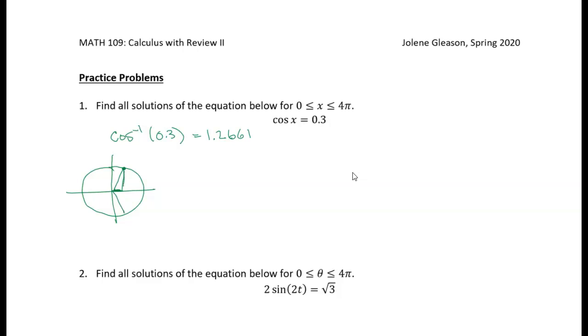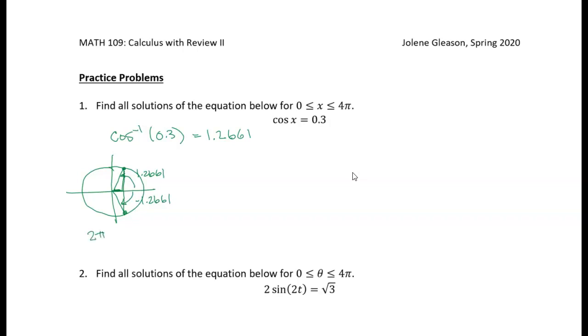So this angle, if we go all the way to here, is 1.2661 radians, and then we can go the other way, minus 1.2661 radians.